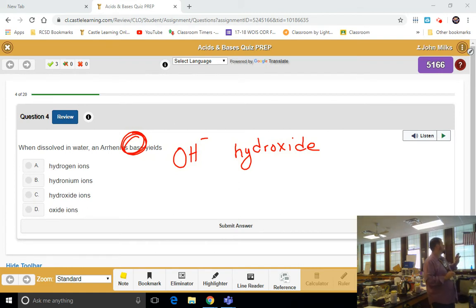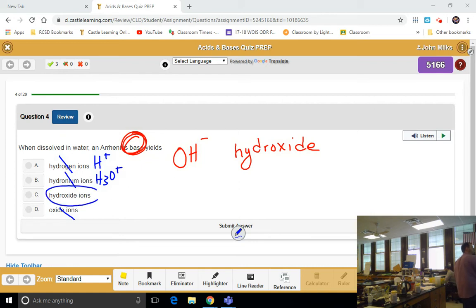So this question really helps us with understanding our words and our vocabulary. Oxide is just oxygen ions, so that's not it. Hydrogen ions is our H pluses. We know that's acid, not base. Hydronium is H3O plus. Again, acid, not base. Hydroxide is my OH. That's where our right answer lies.